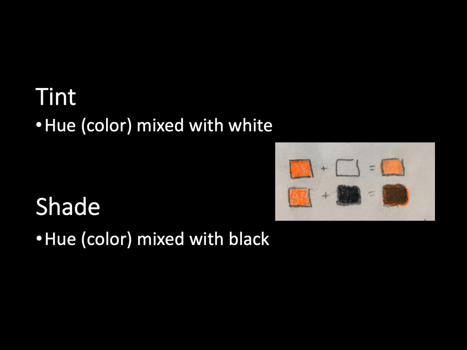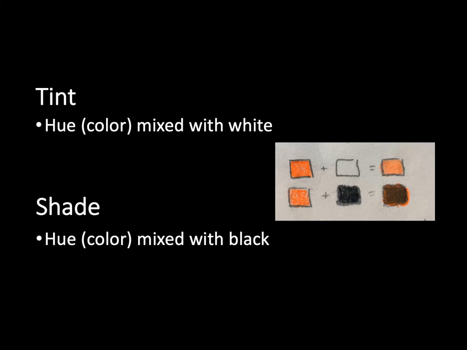It's not nearly as bright as it would have been. Now, in both of these examples, to make a tint and to make a shade, you're starting with the original color and adding white, or starting with the original color and adding black. And that is going to be an important thing to keep in mind when you practice your mixing of colors next week. All right.